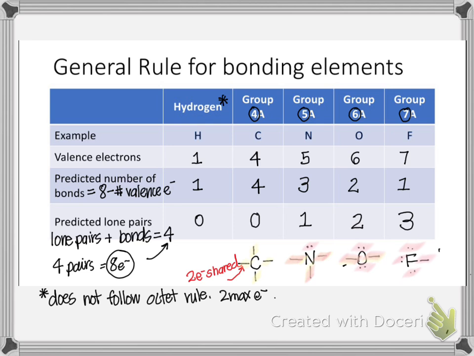Or if the question was, how many bonds and lone pairs do you expect from an element with 6 valence electrons? That would be like oxygen. Then you would say, I expect 2 bonds and 2 lone pairs. So you need to be able to predict, using the octet rule, your expectation of what an element would do in terms of how many bonds and how many lone pairs.